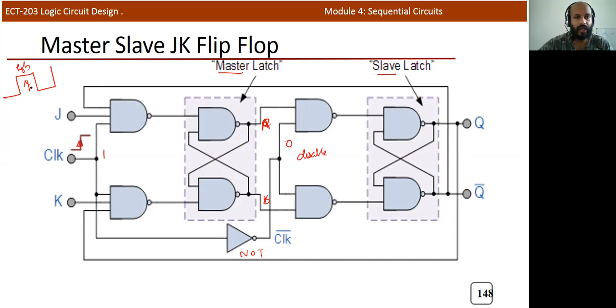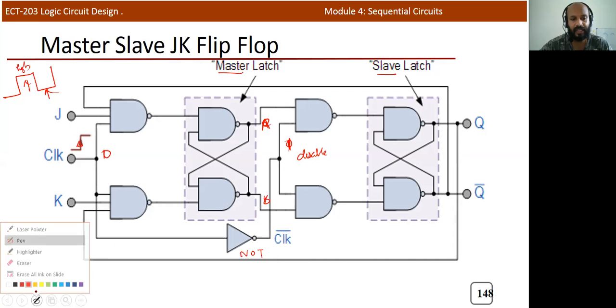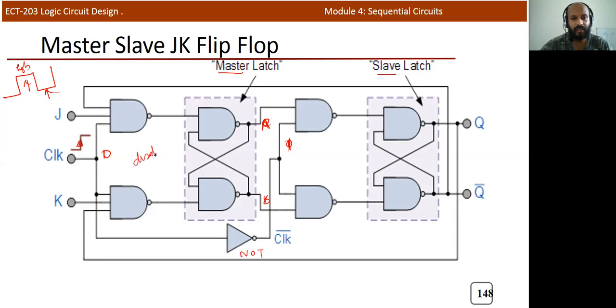Now we are moving to the negative half cycle. When you apply the negative half cycle, it becomes 0, and here is a NOT gate, so this becomes high. The first one becomes disabled and this becomes active.